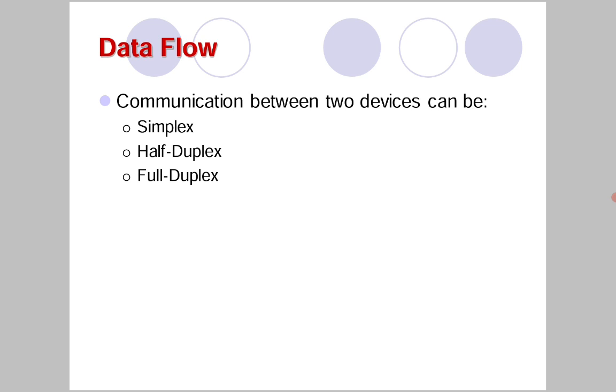That is, the communication between any 2 devices or PCs can be of 3 types. First one is simplex, second one is half duplex, and third one is full duplex.